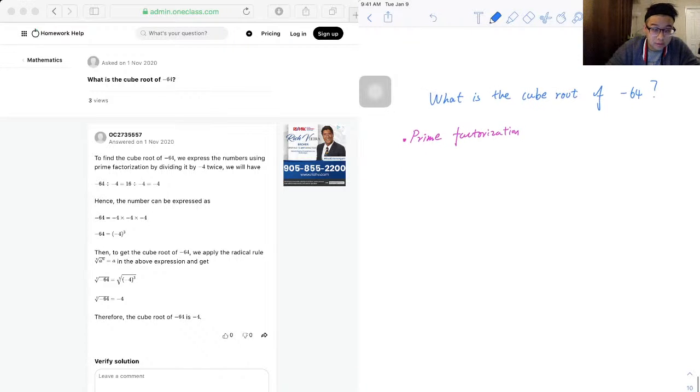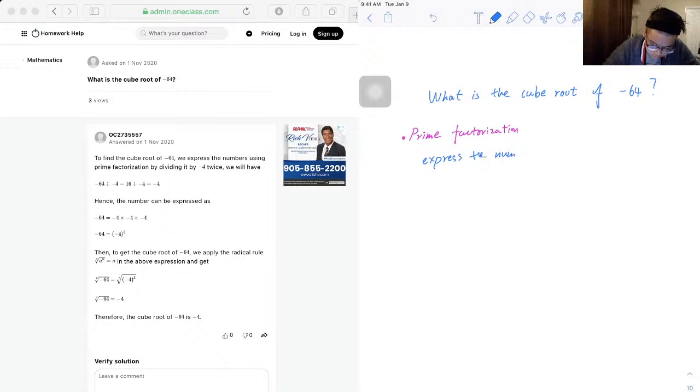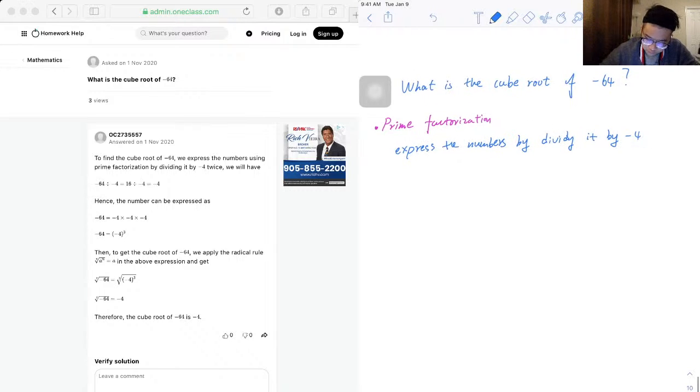In this case, we need to express the number by dividing it by -4 twice.